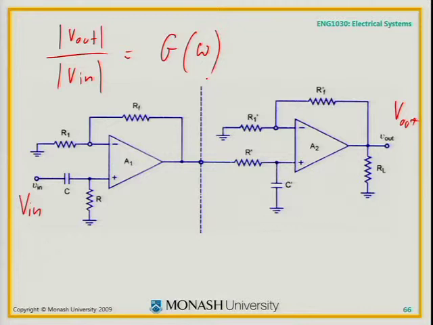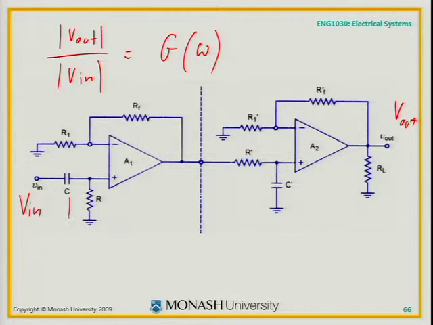Now, we already hinted that's a bandpass filter. The gain for low frequencies will be low, the gain for high frequencies will be low, and the gain at a particular frequency somewhere in the middle will be high. So it passes things in a certain range. Well, how do you prove it? Well, you just do.